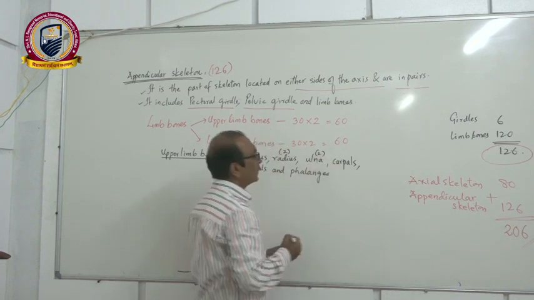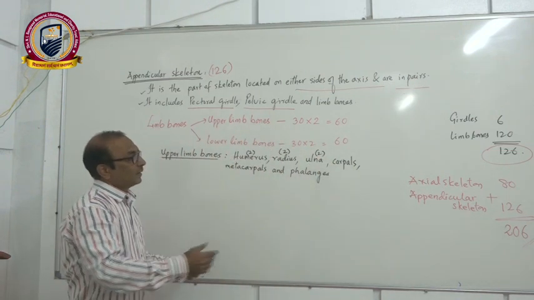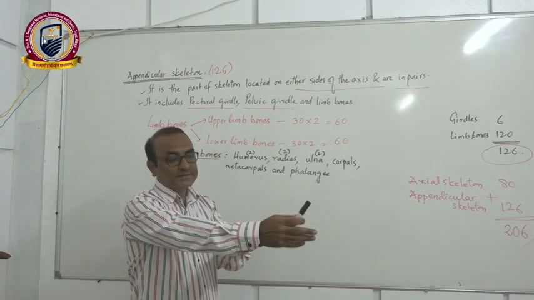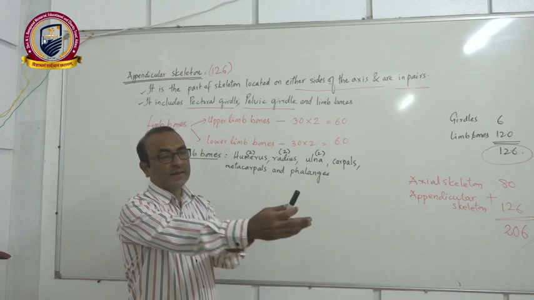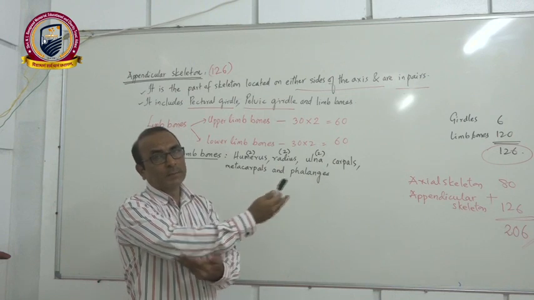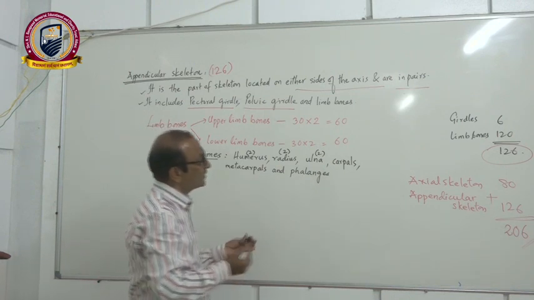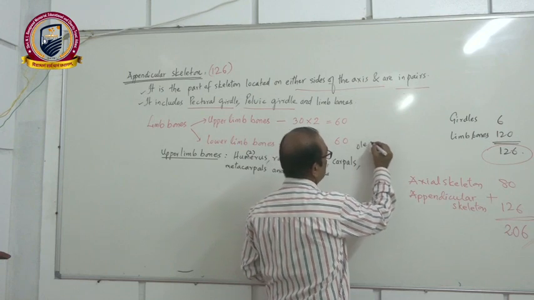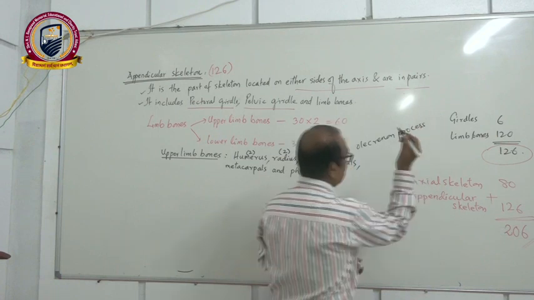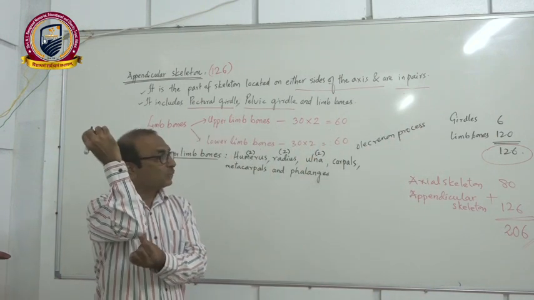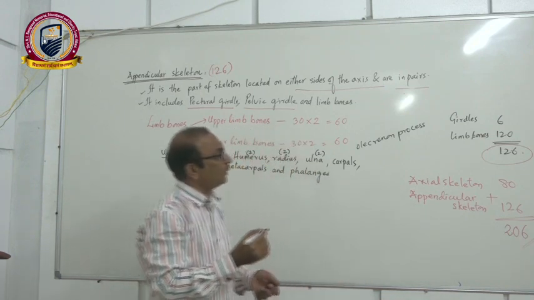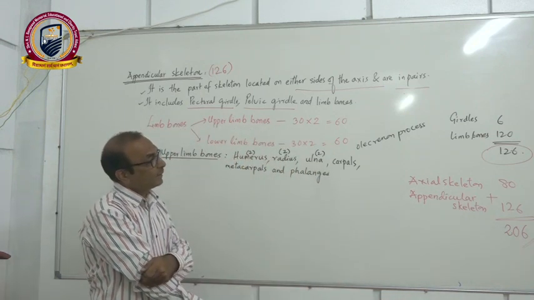Ulna are also two. Ulna bones are also in the lower part of the arm, on the lower side. Here we have the ulna, and only the ulna has a process called the olecranon process. The olecranon process is what you find as the protuberance or projection here in your arm, right?